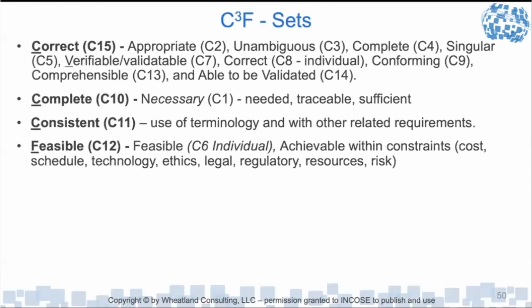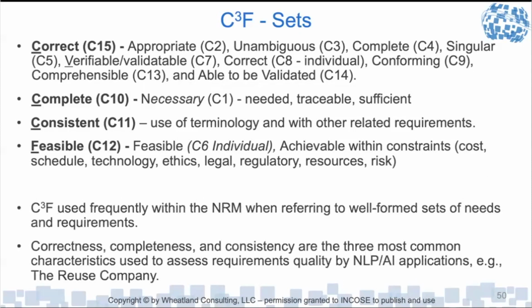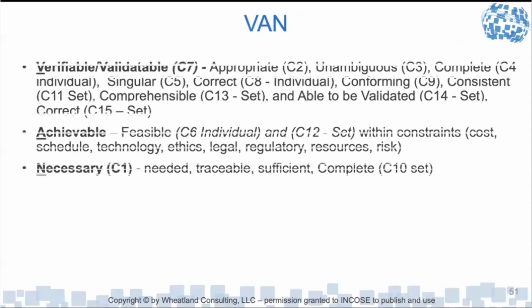Some people talk about correct, complete, consistent, and feasible. Out in the manual, I refer to these 4 over and over again. I think the reuse company is really set up around correct, complete, consistent in a lot of their products. And if you can't remember all those, when I was teaching classes for Ivy Hook, we always had these 3: VAN, verifiable, achievable, and necessary.